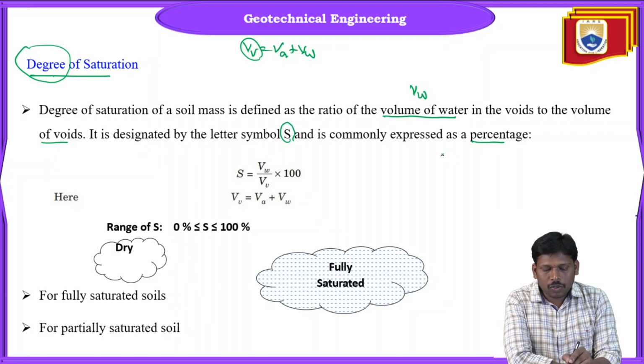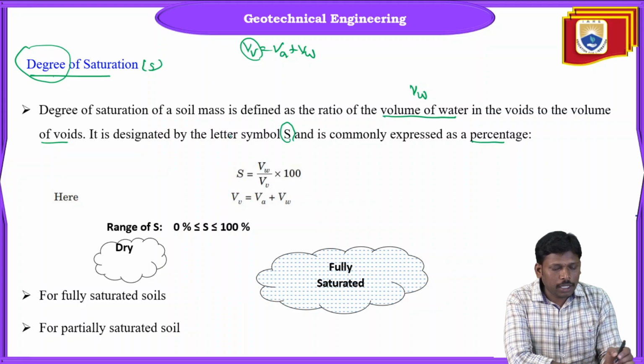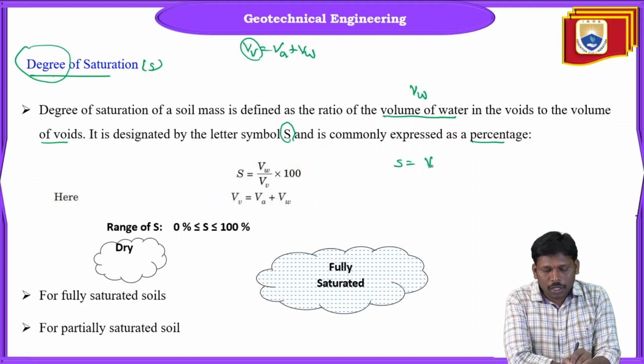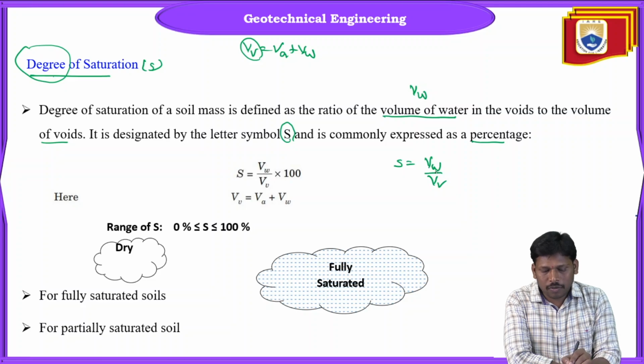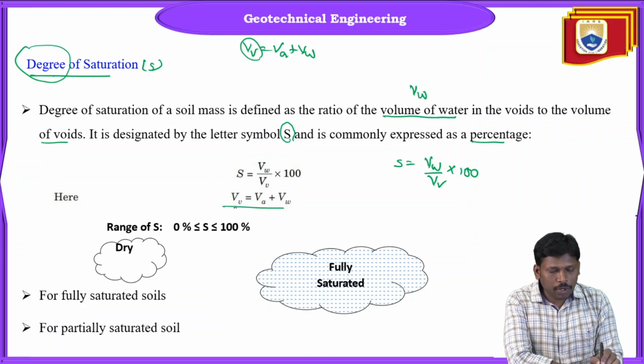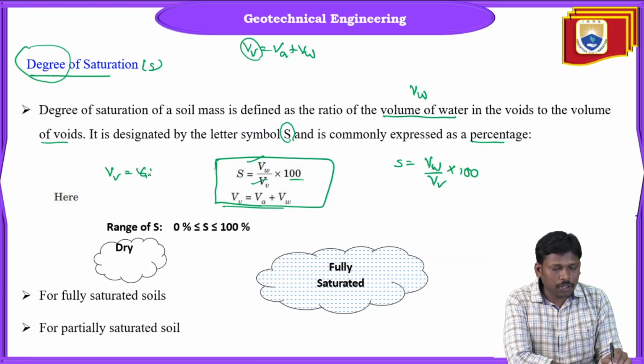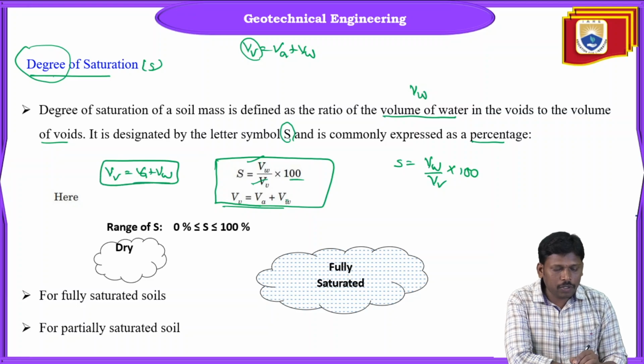Mathematically, S is equal to volume of water to the volume of voids, multiplied by 100. This is the formula of degree of saturation, expressed in percentages. Again, volume of voids we can write as volume of air plus volume of water.